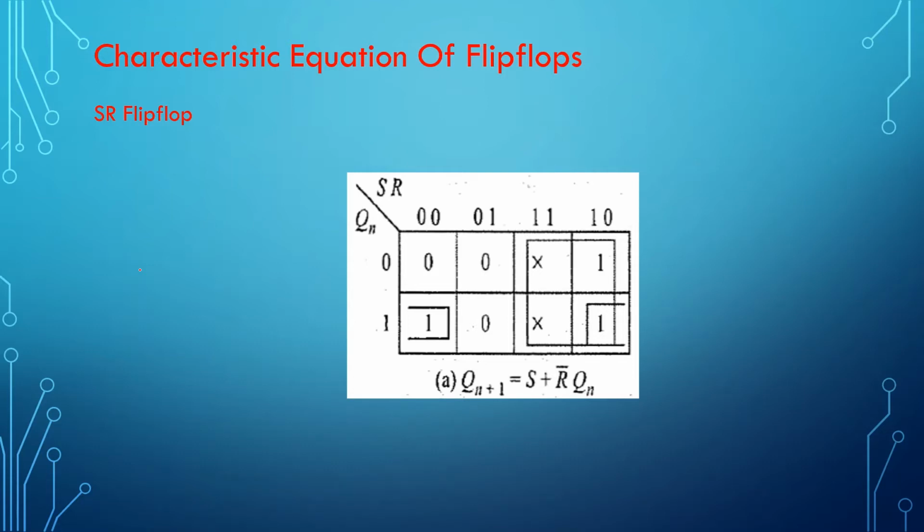Characteristic equations are those equations which define the behavior of a flip-flop. Every flip-flop will have its own behavior with respect to the input data I supply to that particular flip-flop. So these characteristic equations give a general idea of the basic behavior of the flip-flop.